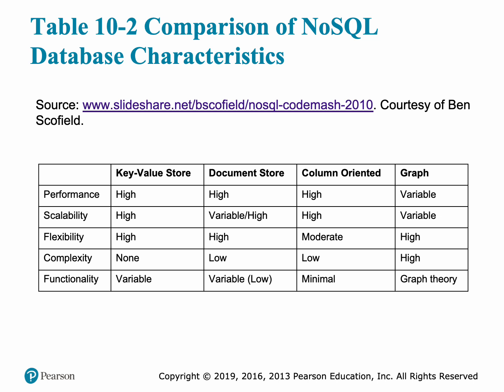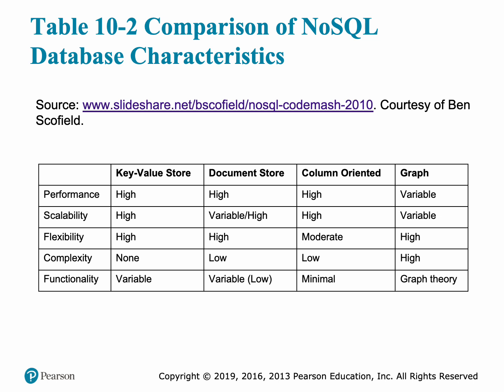The comparison of NoSQL database characteristics. The performance of key value store is high, whereas document store is high, column oriented is high, and graph is variable. Scalability, key value store is high, document store is variable high, column oriented is high, and graph is variable. Flexibility, key value is high, document store is high, whereas column oriented is moderate.